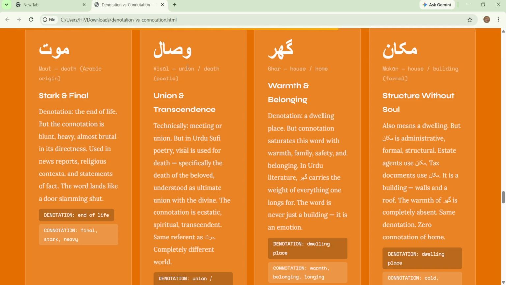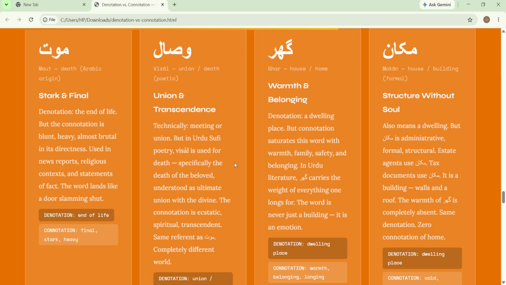whereas another word for it, Wisal, which is union, is used mostly in poetic and polite situations. So technically meeting or union, but in Urdu Sufi poetry, Wisal is used for death, specifically the death of a beloved, understood as ultimate union with the divine.